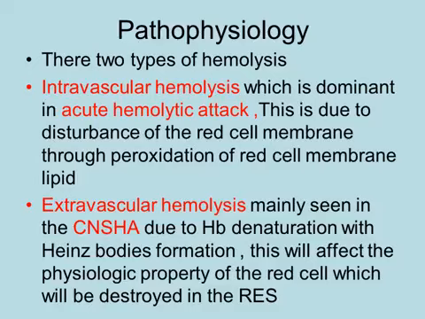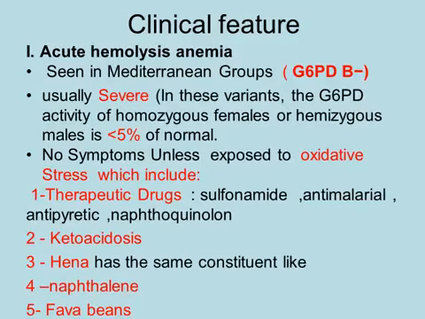There are 2 types of hemolysis: intravascular, which is dominant with acute hemolytic attack and is due to disturbance of the red cell membrane through peroxidation of red cell membrane lipid, while the extravascular, mainly seen in the chronic non-spherocytic hemolytic anemia, is caused by hemoglobin denaturation with Heinz body formation. This will affect the physiologic property of the red cell, which will be destroyed by the reticuloendothelial system.